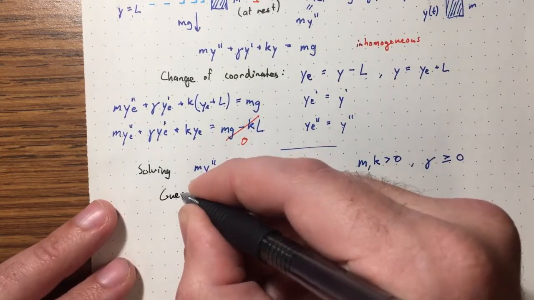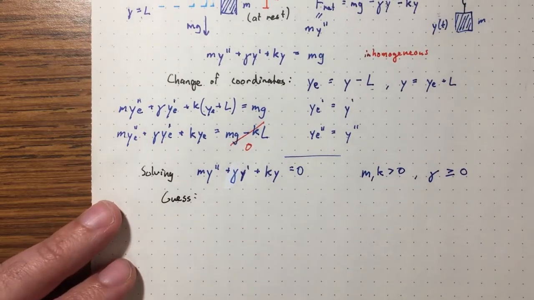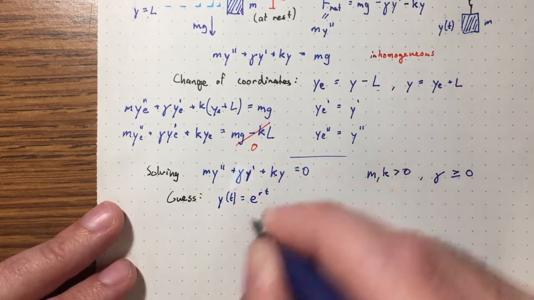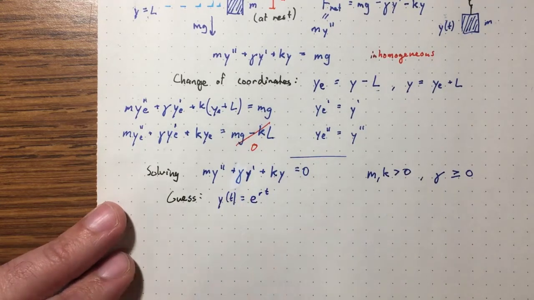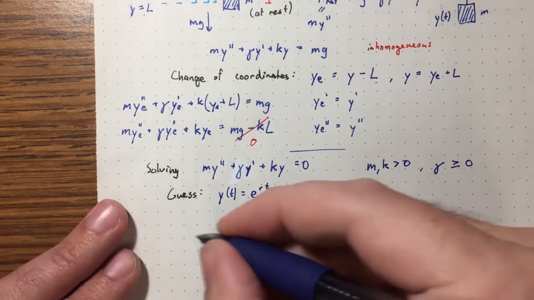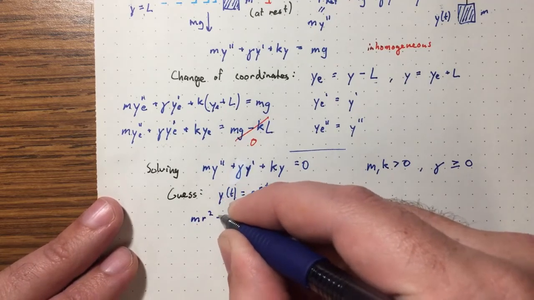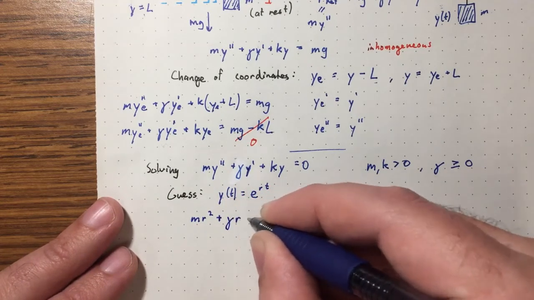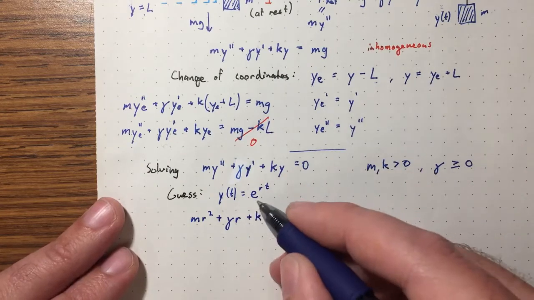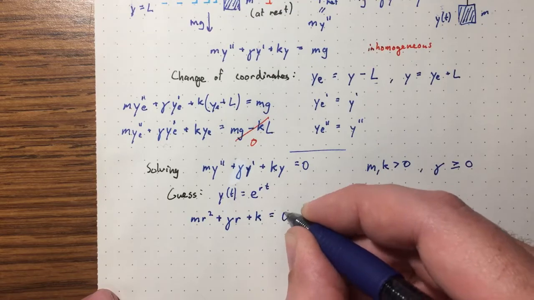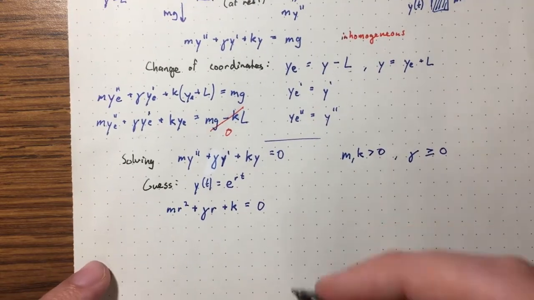So how do we solve this? Well, we know what to do. We guess e to the rt because it has constant coefficients. And we get our characteristic polynomial mr squared plus gamma r plus k. This just comes from plugging in our guess and then canceling out the e to the rt factors. Okay, so there's our characteristic polynomial.